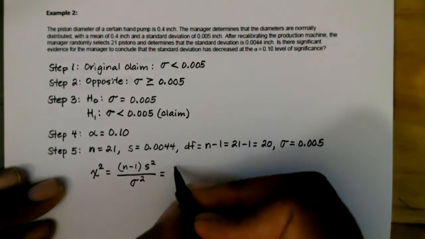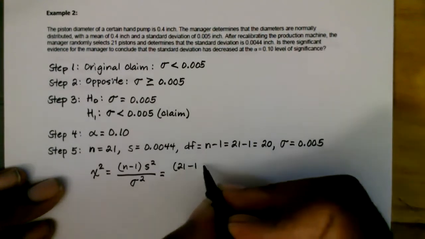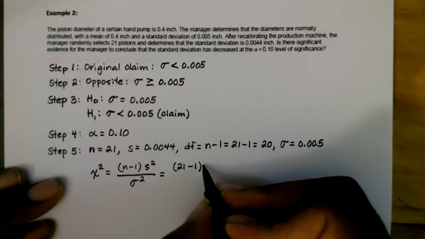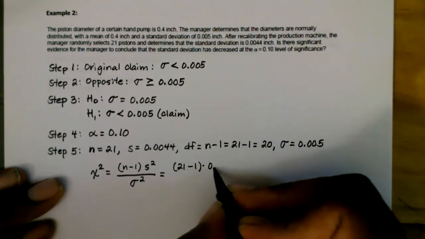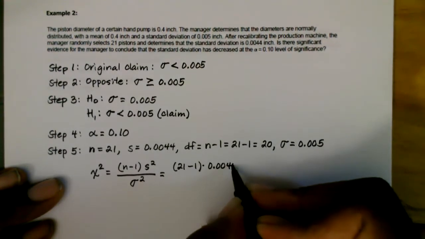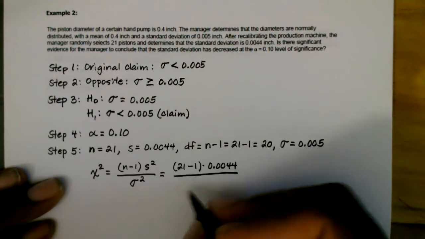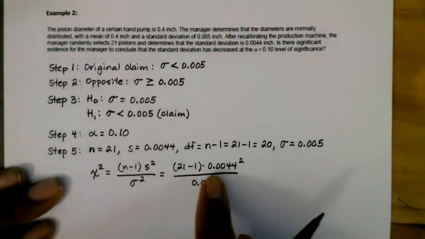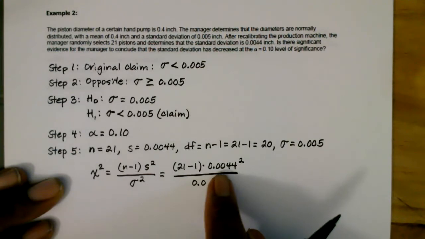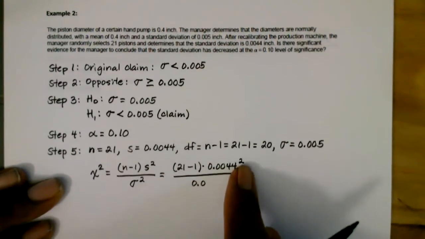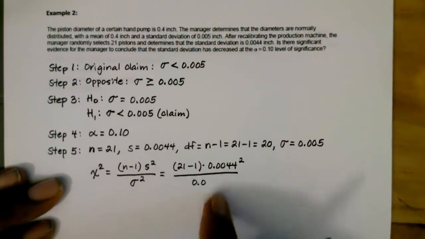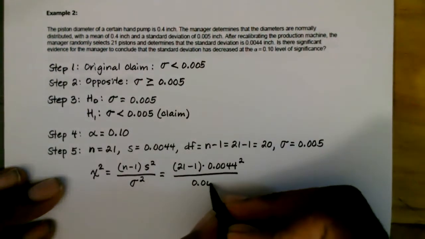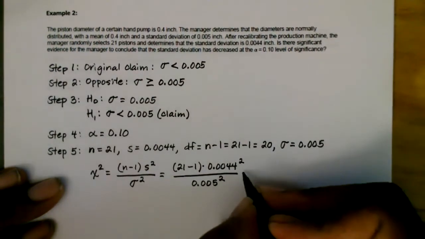N is 21, so I'm going to have 21 minus 1 times S, which is 0.0044. Oh, I've got the square, because 0.0044 is the standard deviation, that needs to be squared. Then divided by sigma, which is 0.005. That too is going to be squared.